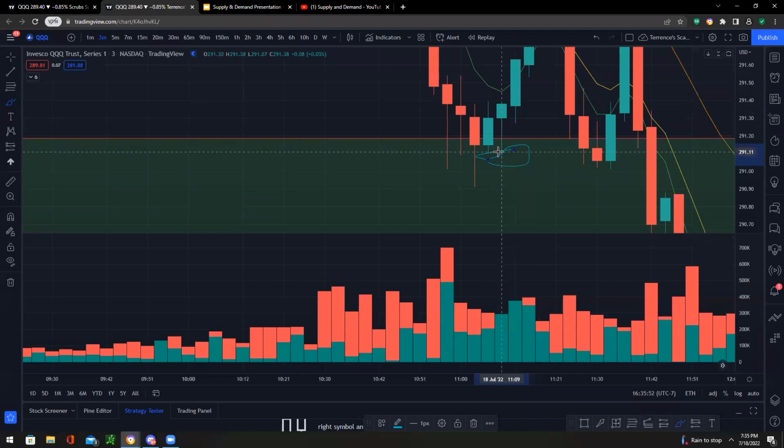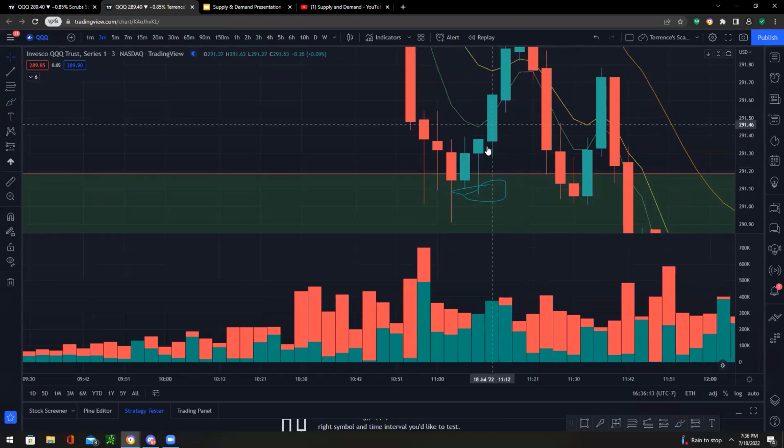This is what we want. And let's say we enter here, we need to see continuation. We need to see a follow through, because if we don't get enough volume, we're not going to make an aggressive move. In this case, we actually have a little bit more volume than its predecessor. So this is considered follow through. This is what we want. Okay. So that's another reason why we had a move something like that.